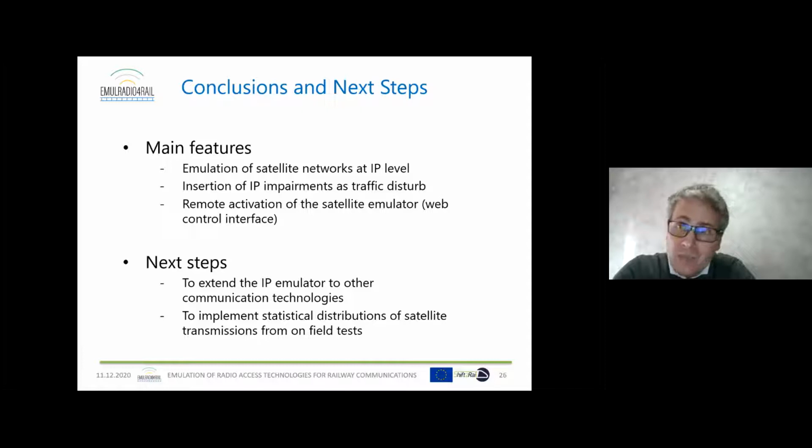Regarding the next steps of our work, we can consider also the possibility to extend the IP emulator to other communication technologies, and also to implement statistical distributions of satellite transmissions coming from different test trials of test campaigns provided by the field trials.